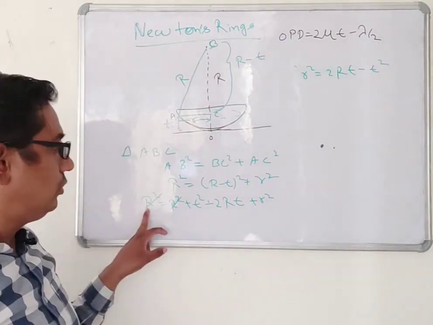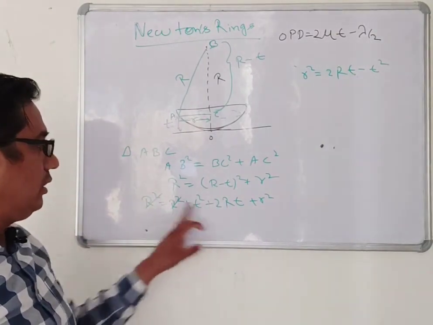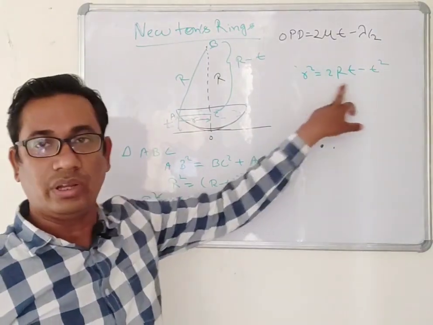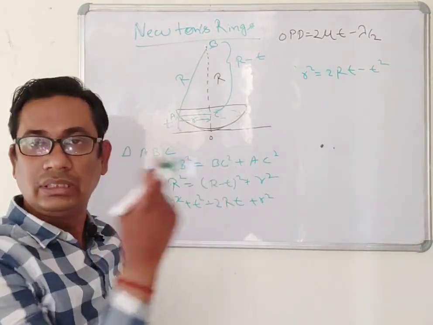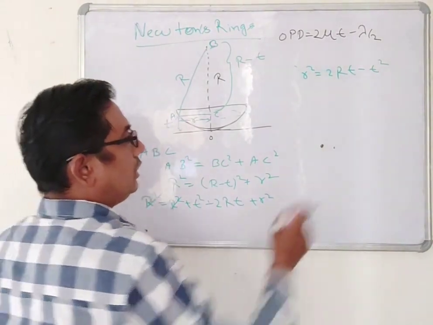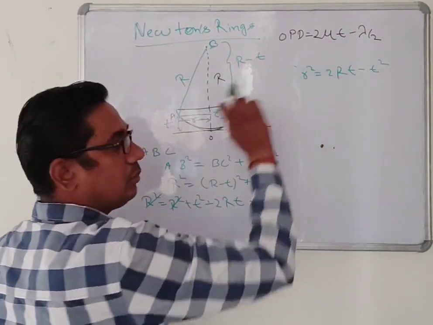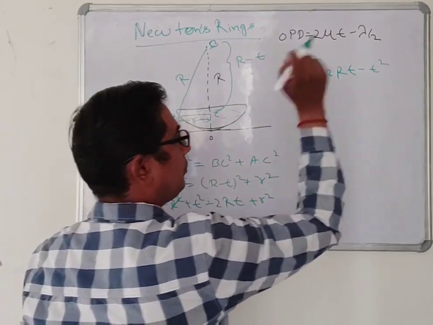Here R is the radius of the air film and T is the thickness of the film.